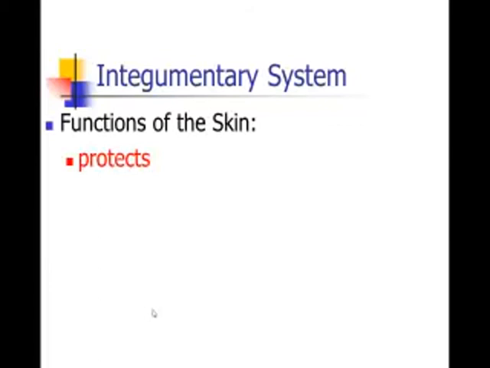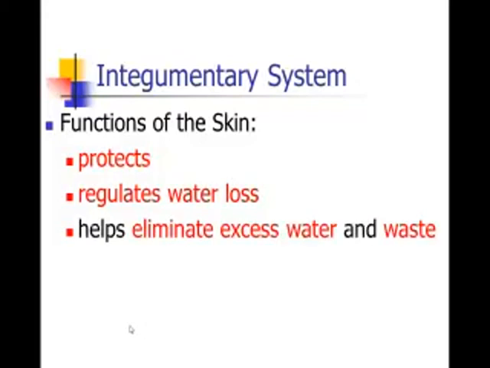So what does the skin do for us? Well, one thing is it protects, and it regulates water loss, and at the same time prevents water gain. It gets rid of excess water in some cases, and some waste material. We talked about that with sweat.